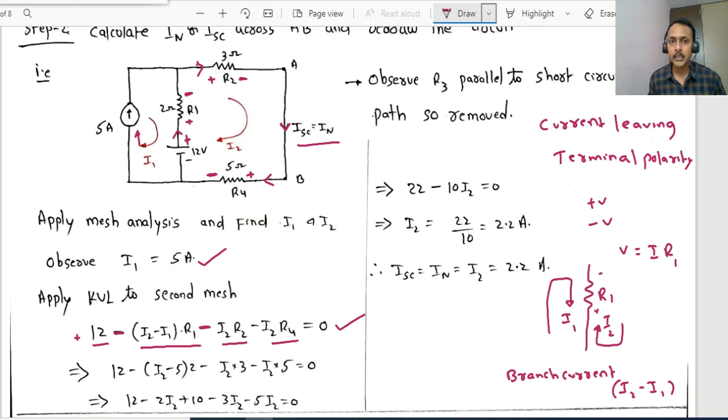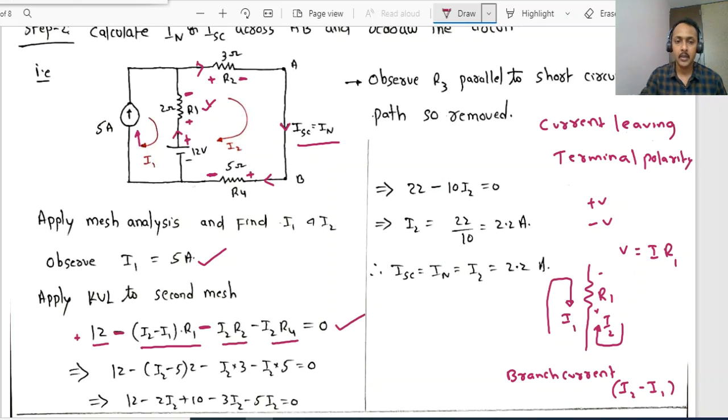The key point is, for the given resistor, if you want the voltage drop, please consider the branch current, right? In R2, the mesh current is the same as the branch current. In R4 also, the mesh current is the same as the branch current, but that is not the case with R1. With respect to R1, the branch current is I2 minus I1.